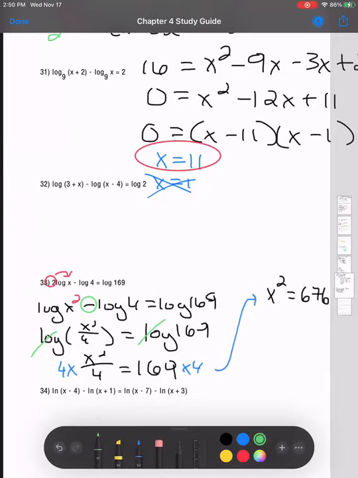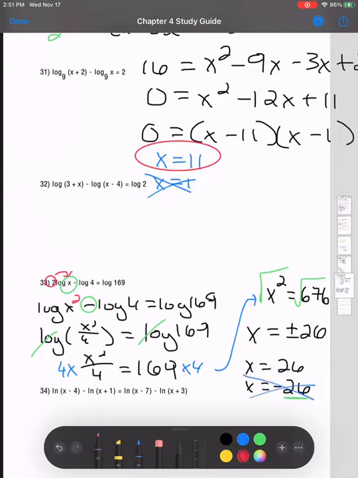And then you're going to square root both sides. So you're going to get x equals plus or minus 26. But again, that just means you have x equals 26 and x equals negative 26. But if you plug this negative 26 back in, you get a negative number. So that one does not work. So your final answer is x equals 26.